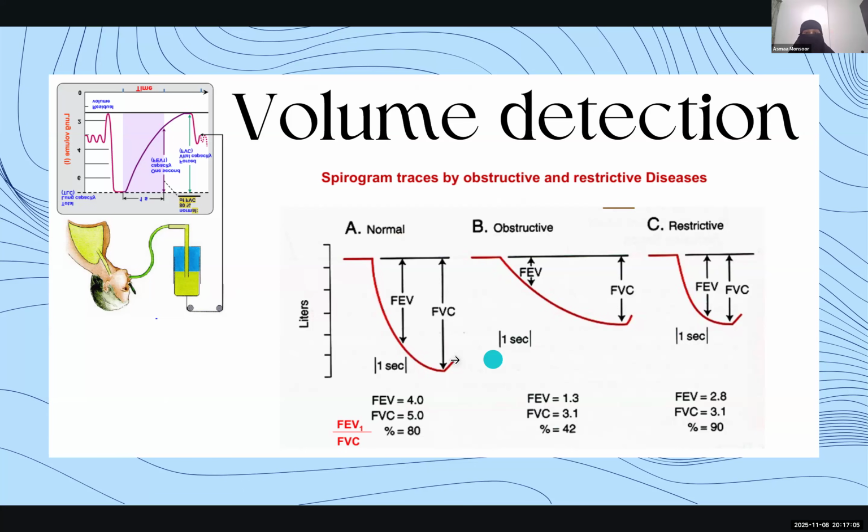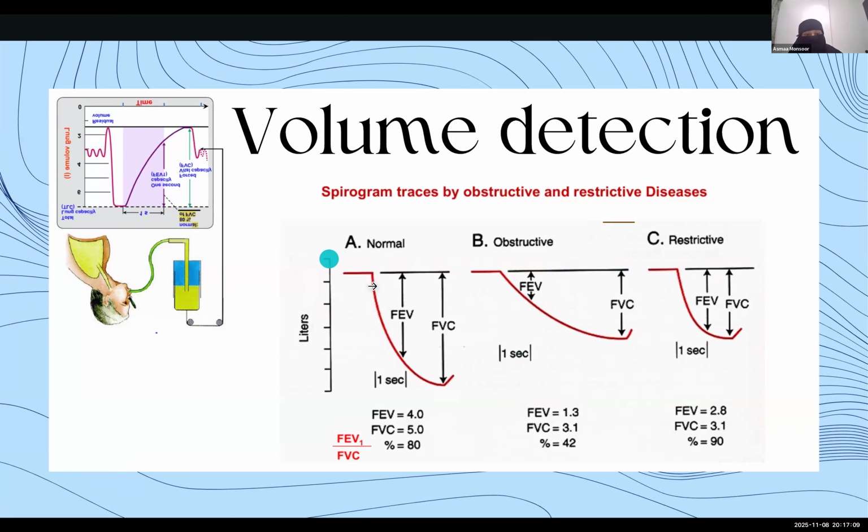Okay, so now let's start. Bismillah. The volume detection. Okay, important guys. This is super important. Please pay attention. And if you have any questions, just ask me. I will explain everything to you guys. Now, for volume detection, the first one, this is normal. You start exhaling, forcefully exhale, and in the first second, this is how much you were able to exhale. And as the time went by, the forced vital capacity was this much.